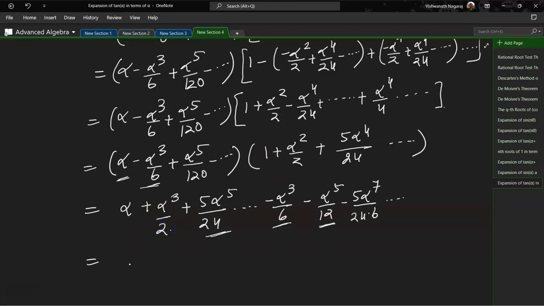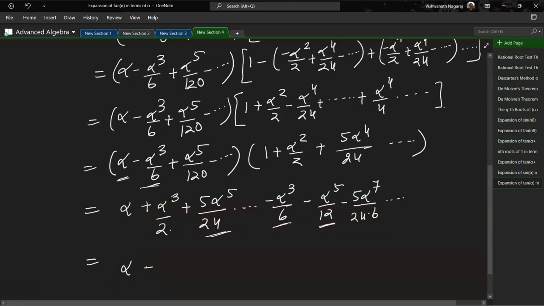Okay, so now alpha plus alpha cube, here we have half and here we have minus 1 by 6 plus alpha to the power of 5, 4 we don't have, here we have 5 by 24 and here we have minus 1 by 12.